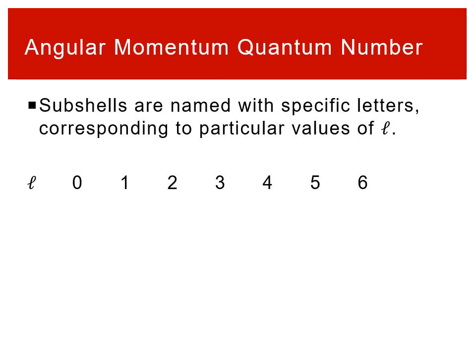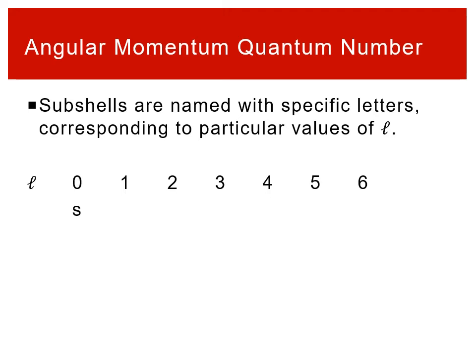All right, so subshells are named with specific letters corresponding to particular values of L. This is where our L quantum number has numerical values, 0, 1, 2, 3, whatever. But there's going to be an interpretation of this where we're going to take, say, L equals 0, and we're just going to call it s.